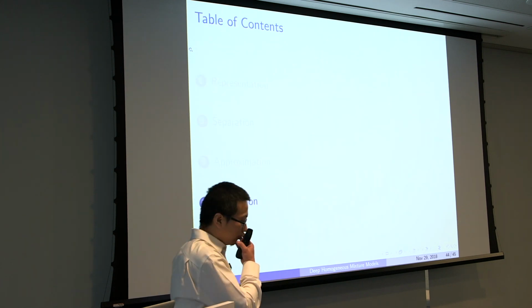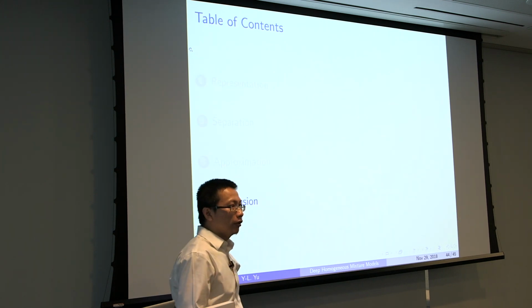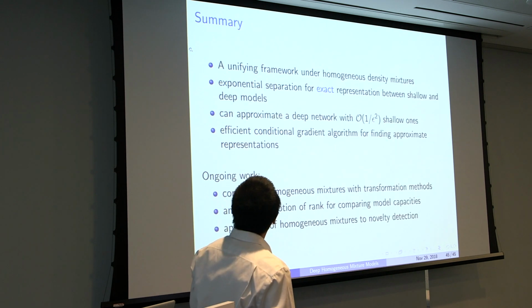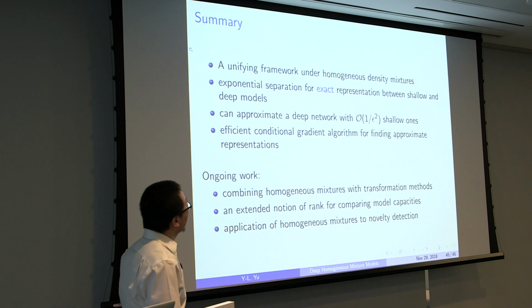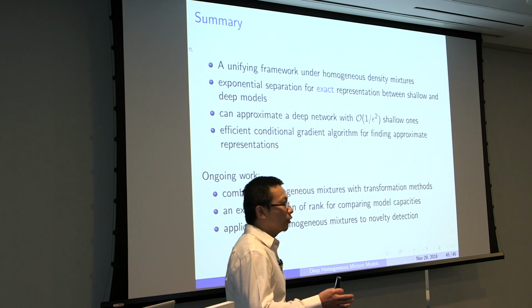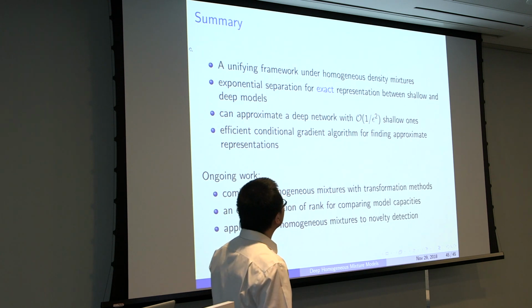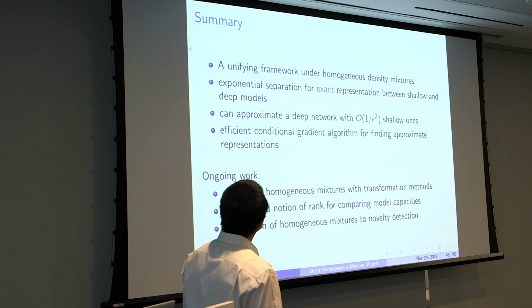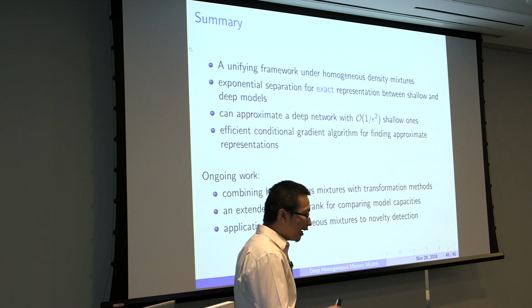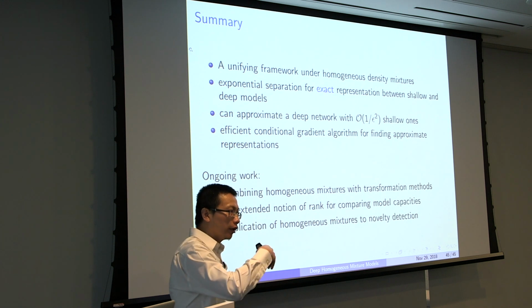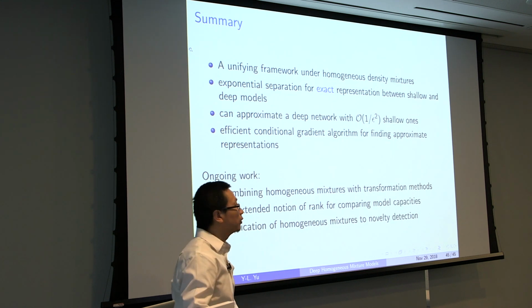Okay. So that's all I want to say about the approximate representation of a density function. In summary, I've presented a unifying framework for the various graphical models that we have in the machine learning community. For exact representation, there is an exponential gap between a shallow network and a deep network.